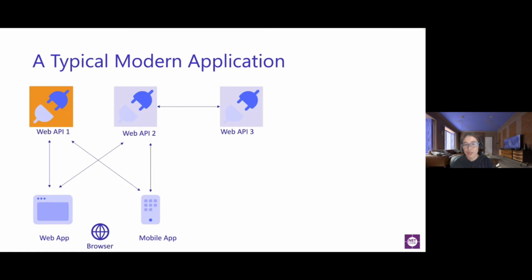Why? Because, for example, this web API has to know the identity of the user. But the problem is, how do we tell this web API who the user is? Because users are logged in from the web or the mobile app, but somehow this web API has to know who the user is, to give authorization and grant the user access or allow the user to do certain things.